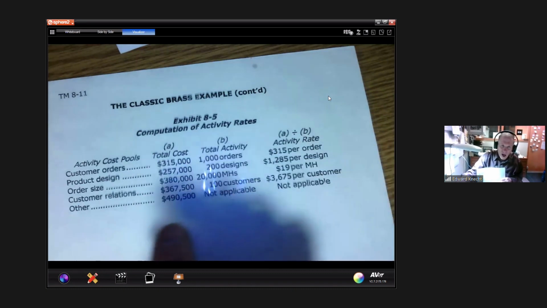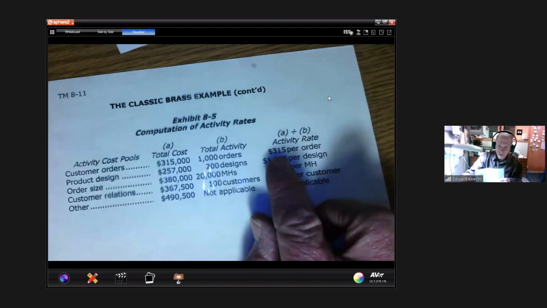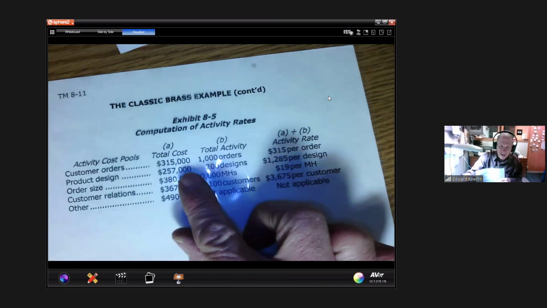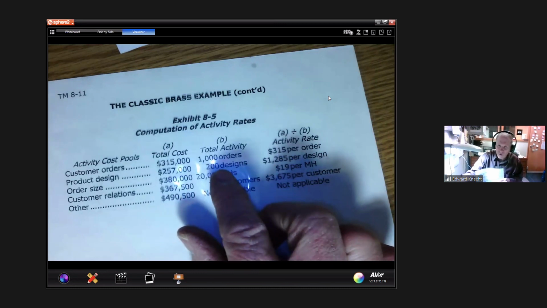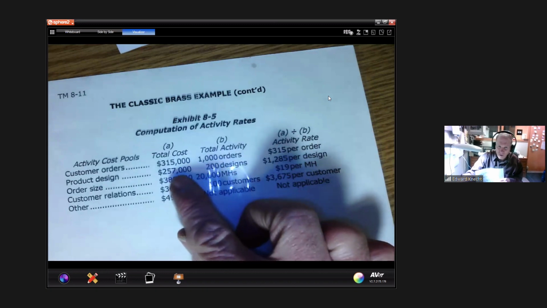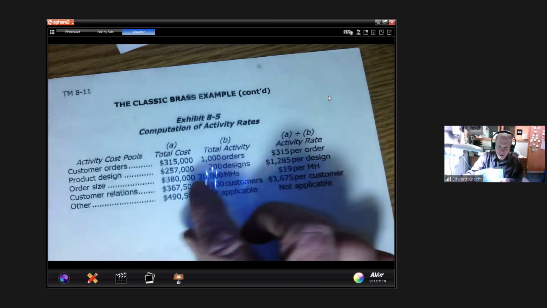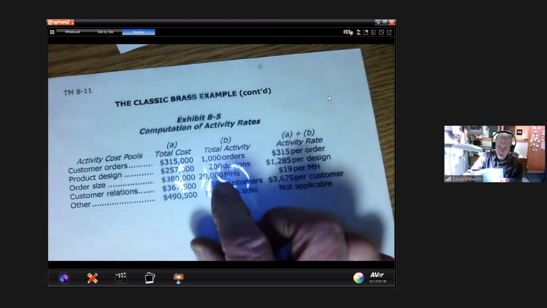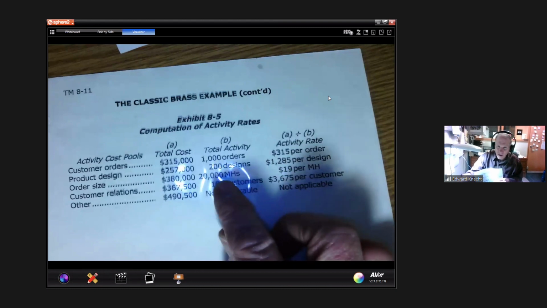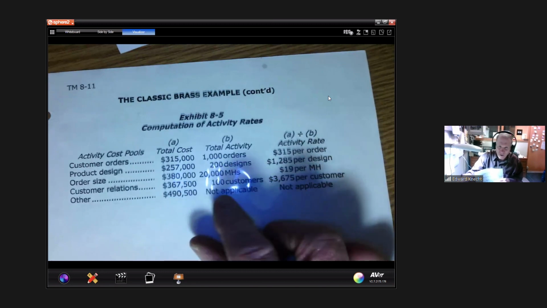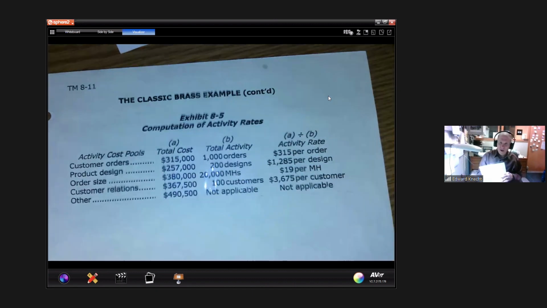Then we can apply the costs depending on how many customers there are for a particular product line. For product design, we're going to use the number of designs. We have 200 designs, and here's the total cost, so we allocate it by the number of designs. For order size, we're using machine hours as the allocation base, and we arrive at the activity rate. Same thing here. The other was not applicable, so we don't allocate it. We just expense it off.